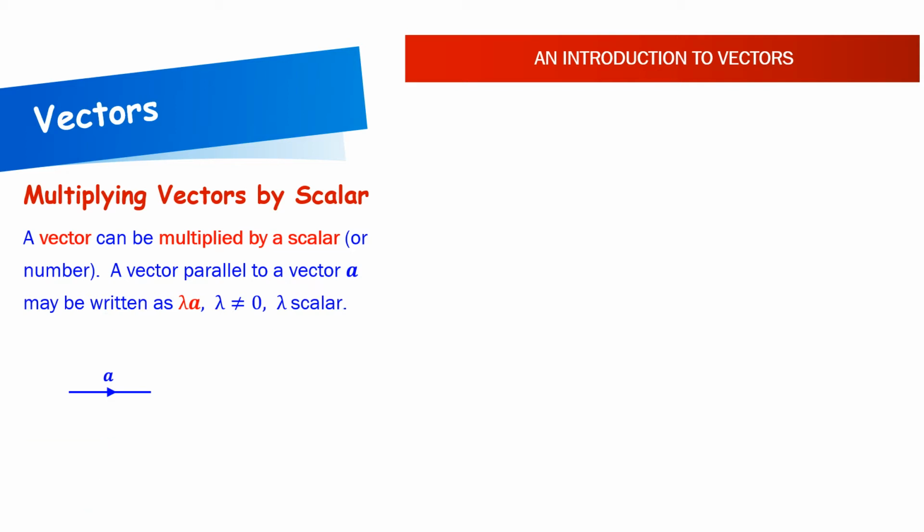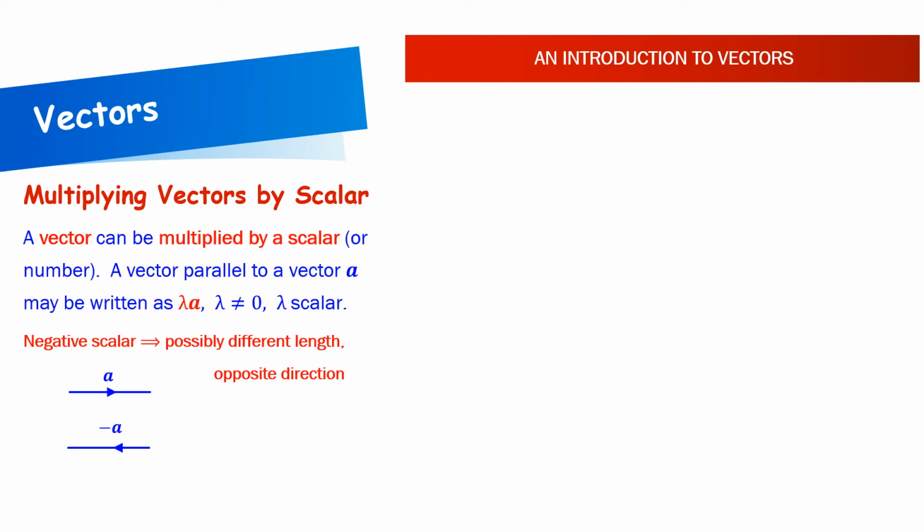But what if we have a negative scalar, lambda? Suppose lambda is negative. Then we may have a different length, depending on whether lambda is equal to minus 1 or not, and the vector will go in the opposite direction. So here's minus a.